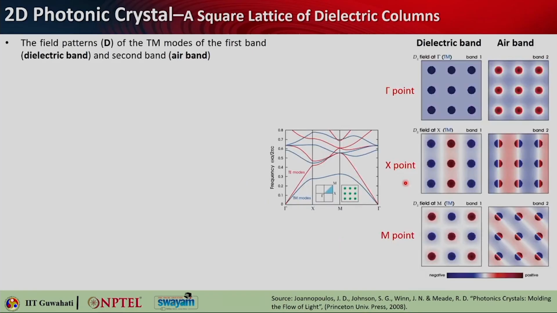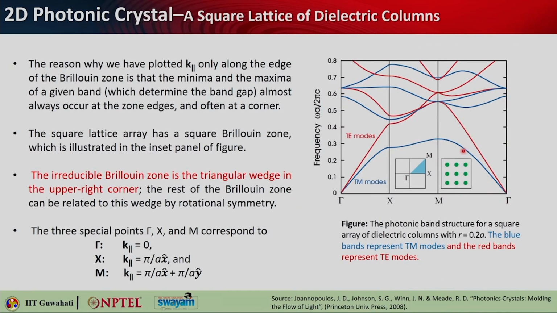Now, let us study the electric field and magnetic field patterns, but here particularly we will be talking about the displacement field pattern D for the TM modes. One important thing is: where do you see the band gap? If you consider the blue lines which correspond to TM modes, this is the first band of the TM mode and this is the second band. There is a gap in between, with no other possible TM modes here, so this is a TM band gap.